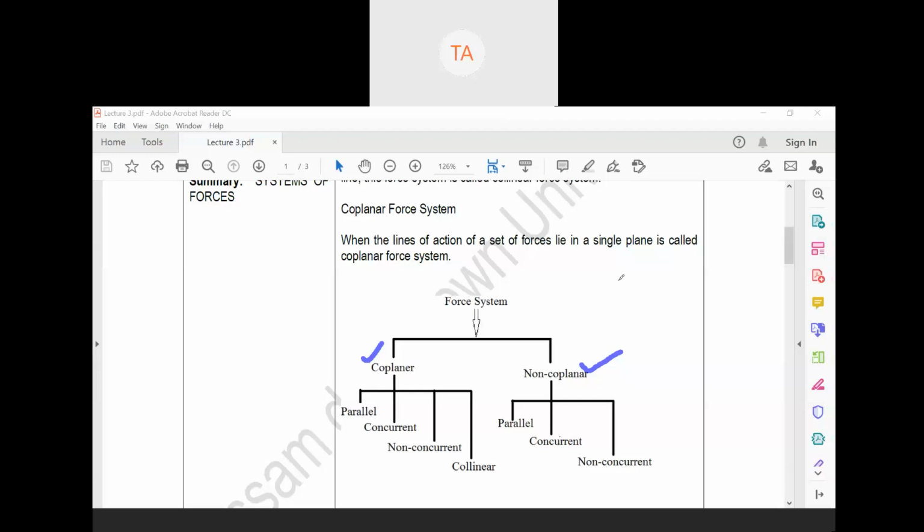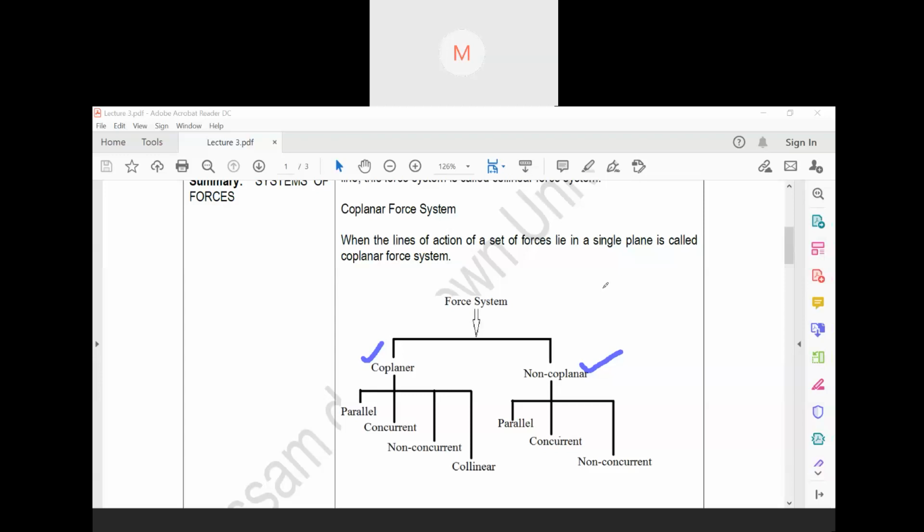If everyone stays unmuted, there is a network problem, and the sound gets echo. Okay, no problem. If you don't hear, then just write in the chat box. And if you have any doubt, you can ask, everyone.